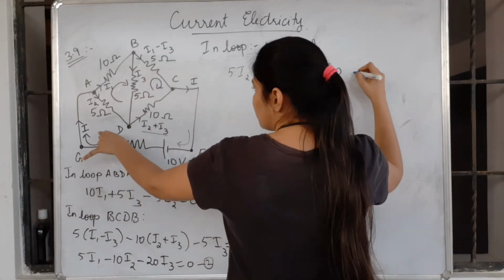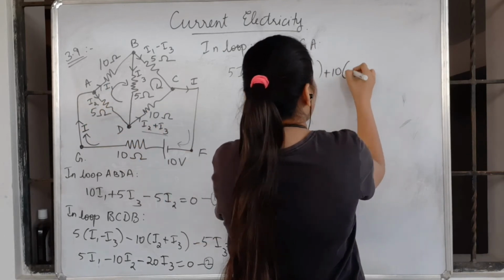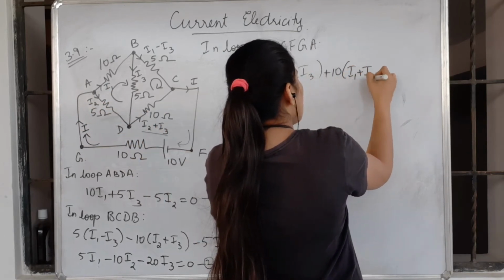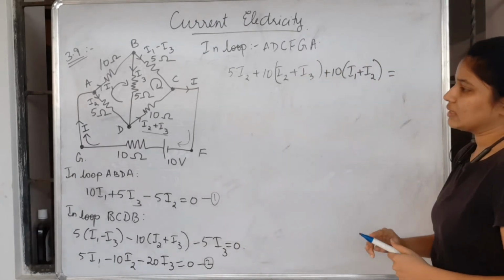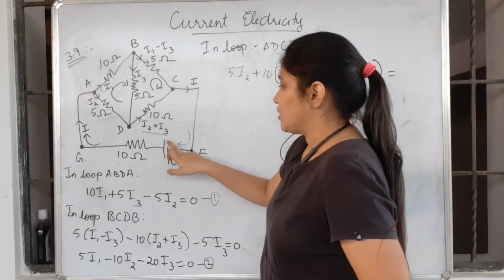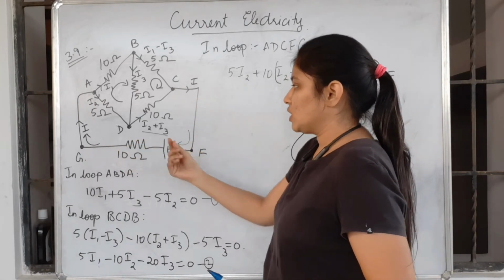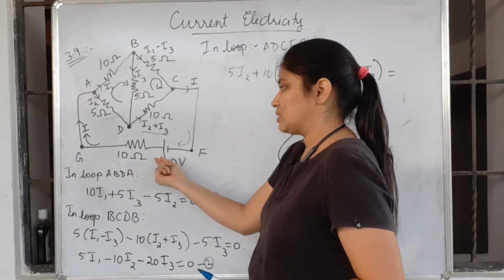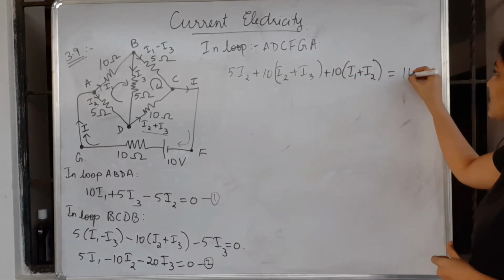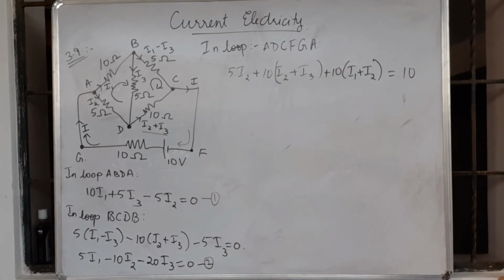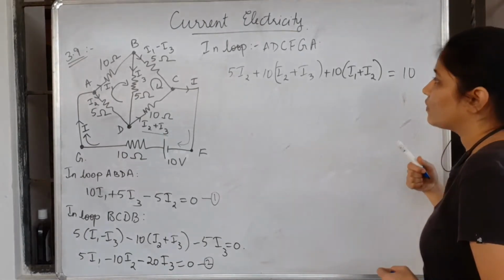Now I is equal to I1 plus I2, so directly I'll write I1 plus I2. In this battery, the loop is traveling from minus to plus, so we will write plus 10 volt only.